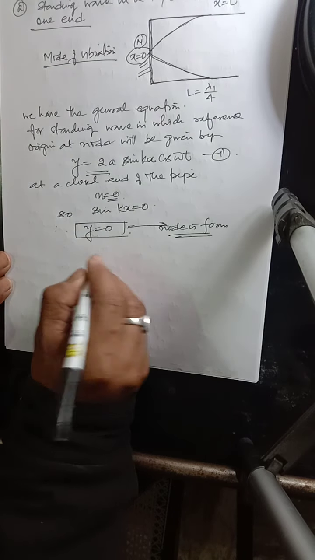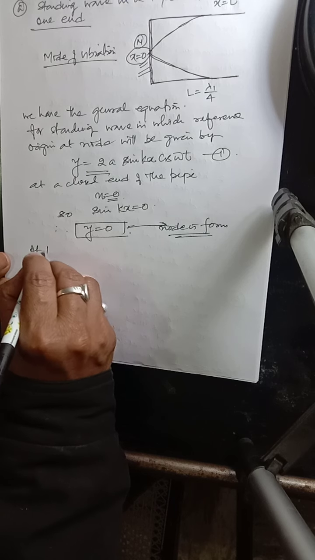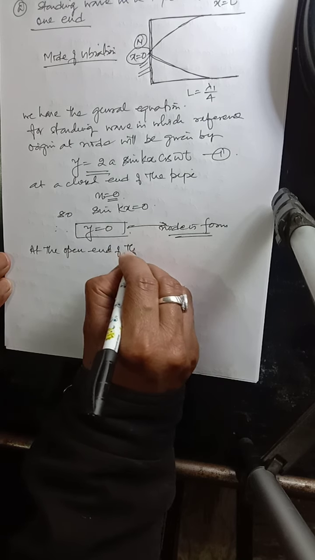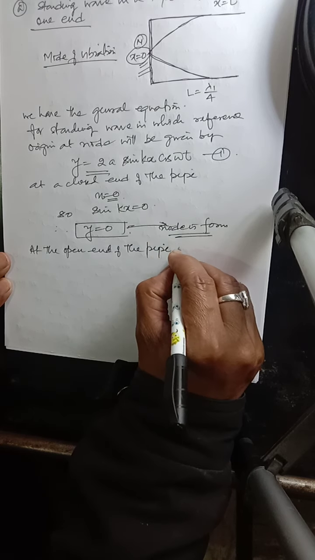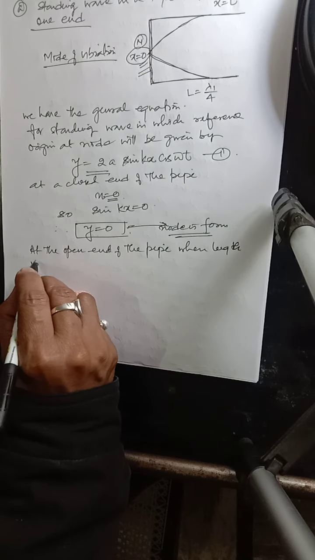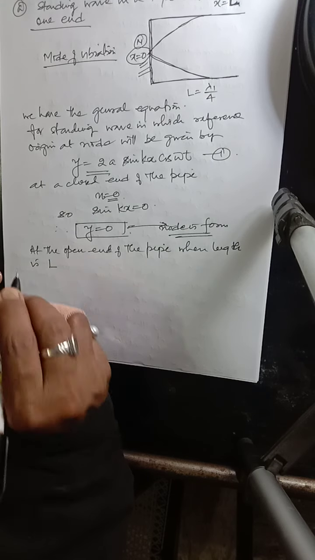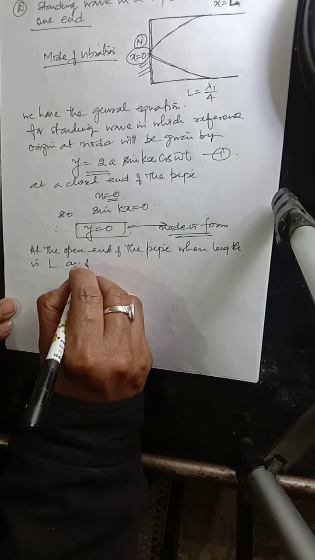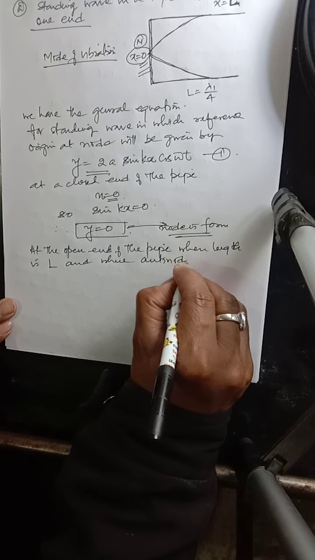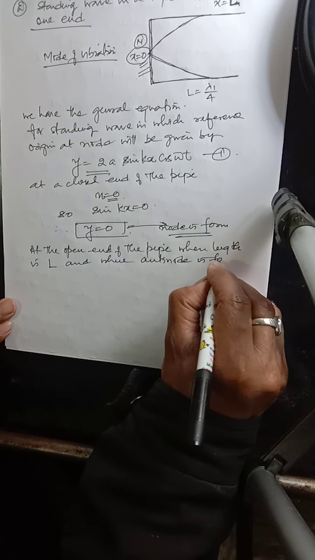Now we'll talk about the open end. At the open end of the pipe, this is the length, x is equal to L, the length is L, and here an antinode is formed.